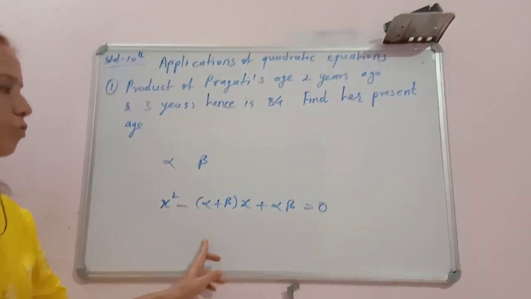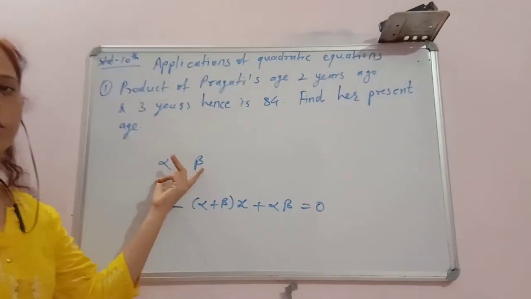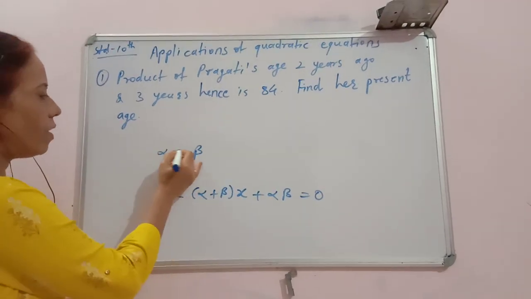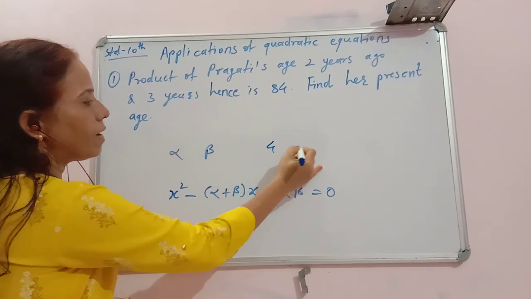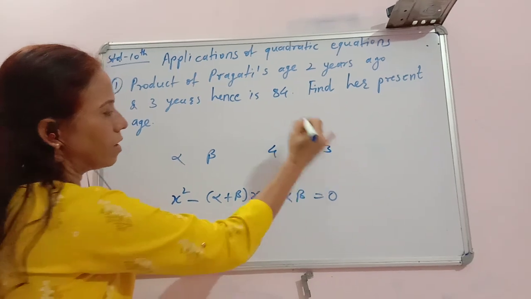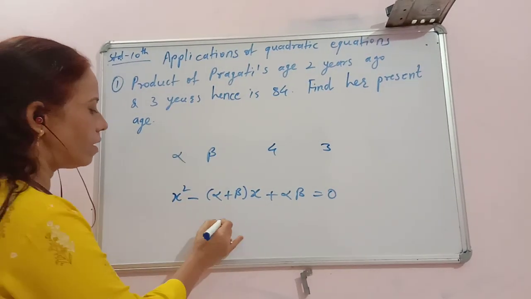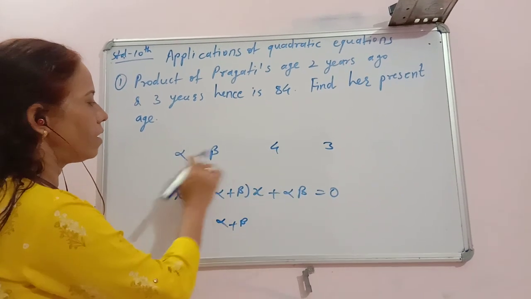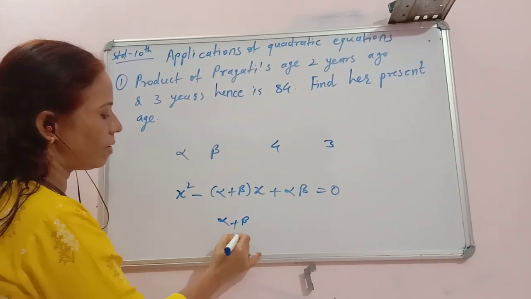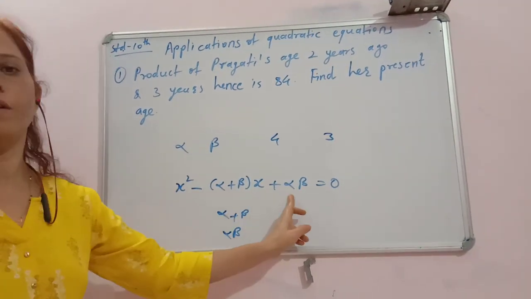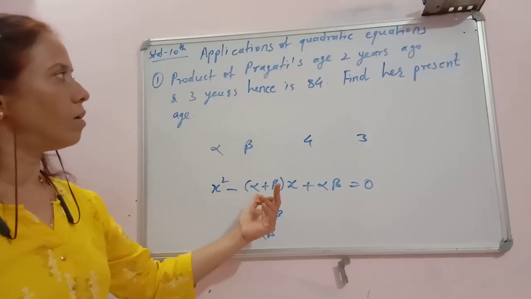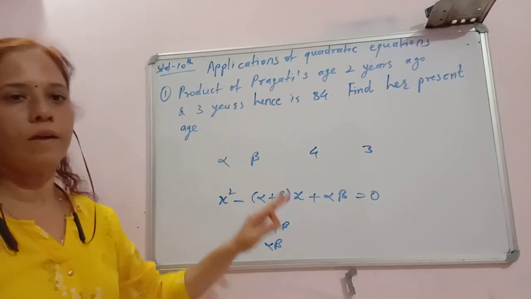So what we used to do is find the addition of these two roots. For example, if alpha is 4 and beta is 3, we add these two to get alpha plus beta, then find the product of these two, that is alpha beta, put these values here, and then find the quadratic equation.